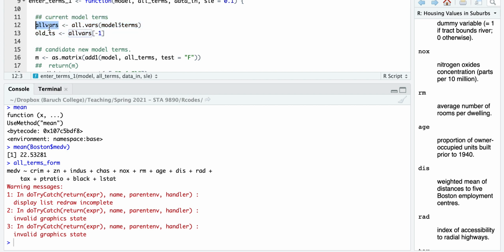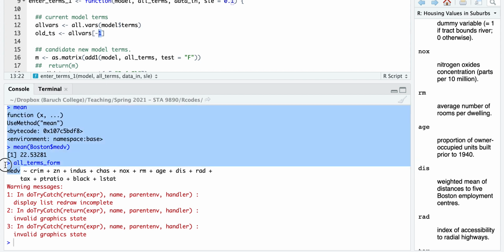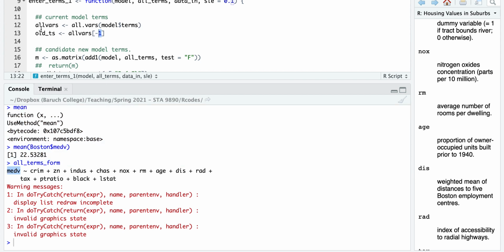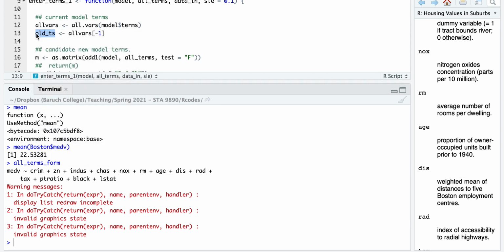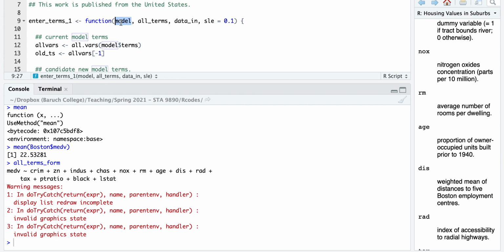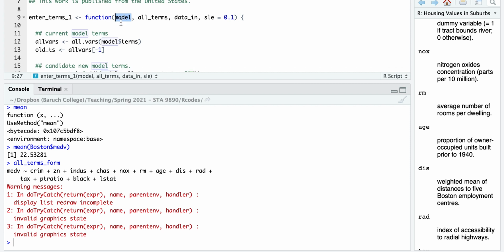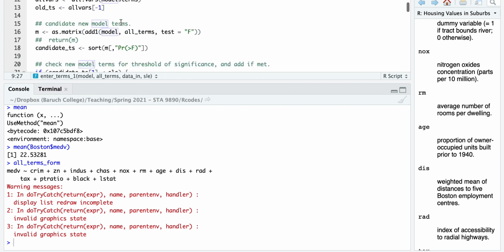We put them all wires, and then we remove the first one to remove the response. So essentially, old TS is a list of the terms that are currently in this model. All the list of all the predictors that are currently in this model.